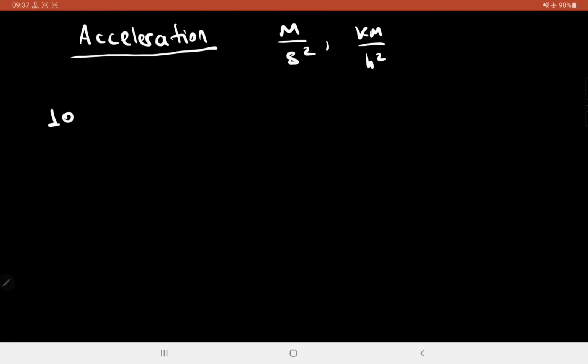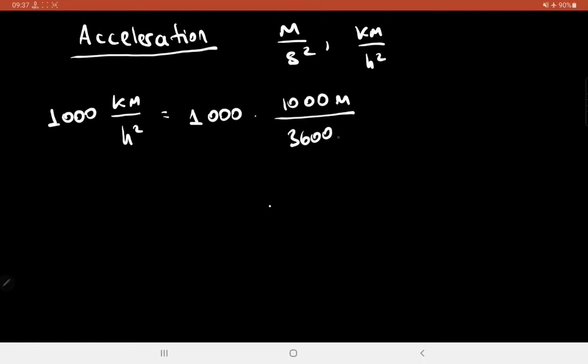Let it be 1000 kilometer per hour square. We have this kind of acceleration. Now we need to convert it into meter per second square. So we need to keep the number magnitude 1000. 1 kilometer is equivalent to 1000 meter, and 1 hour is equivalent to 3600 seconds, and the square.